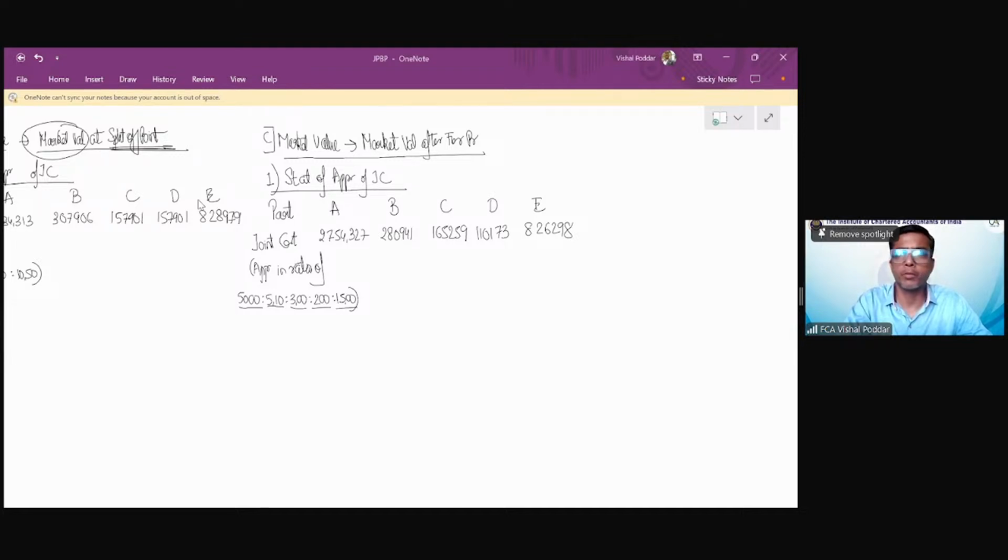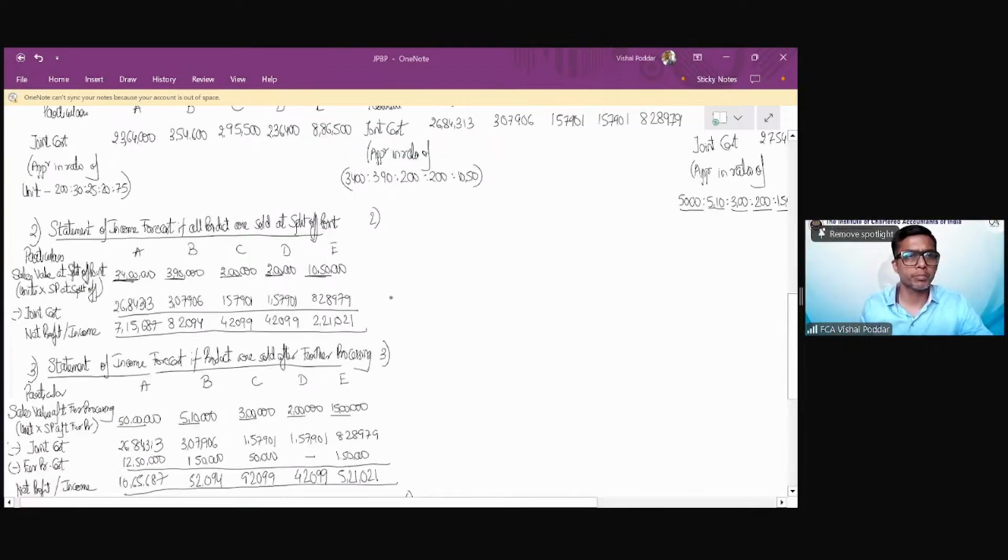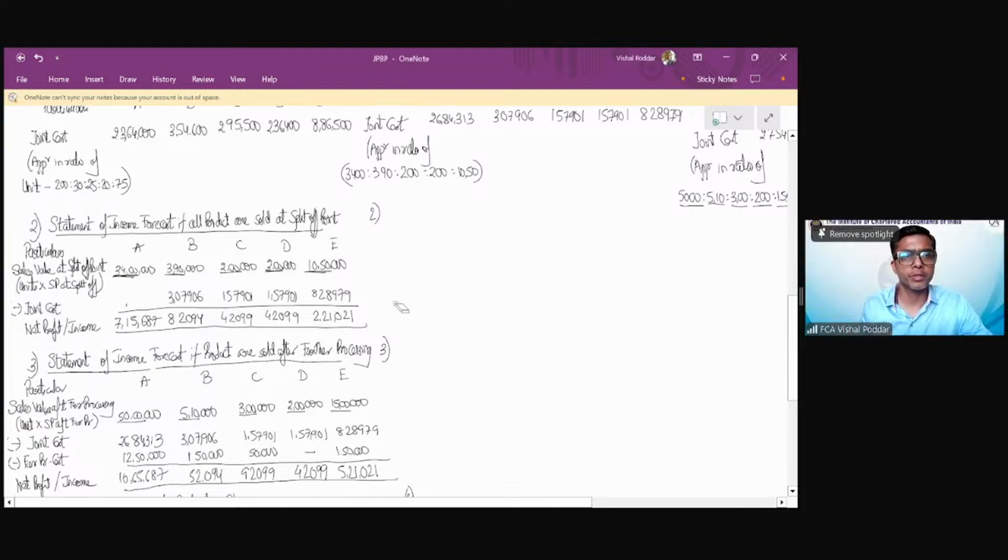Come on, give me now the profits. So simply now these figures will change in the profit workings. The cost allocation changes. So obviously the net profit that you are getting will change.